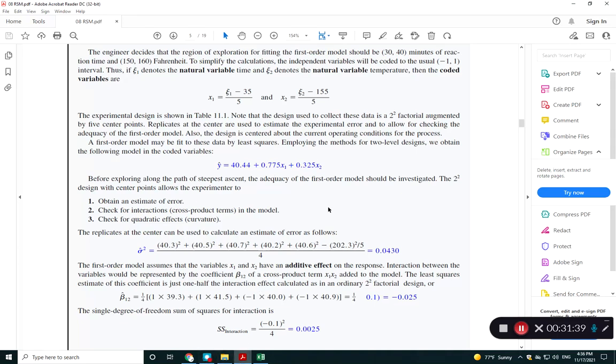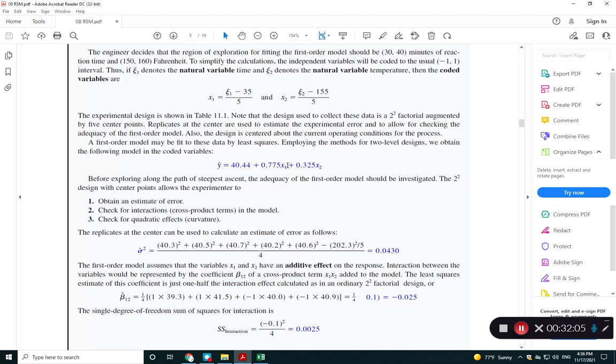Remember, I have 2 different regressions: one is based on the coded variable, one is based on the actual variable, but the same regression. But the coded variable itself, the 0, 1, actually will tell you which way to move. See here, the parameter is 0.775 x1 and 0.325 x2.